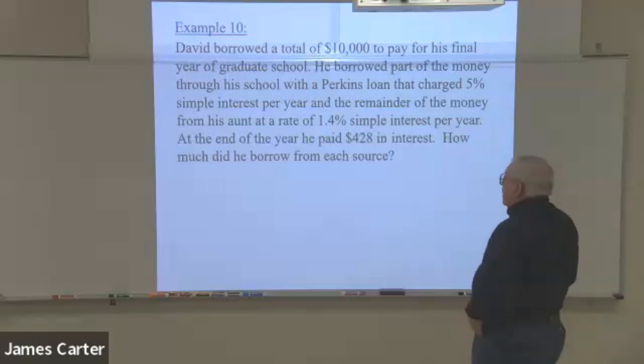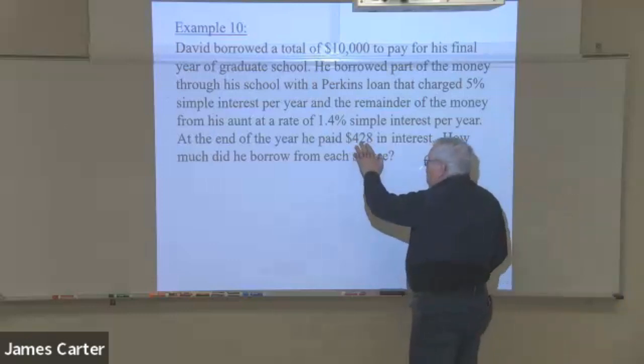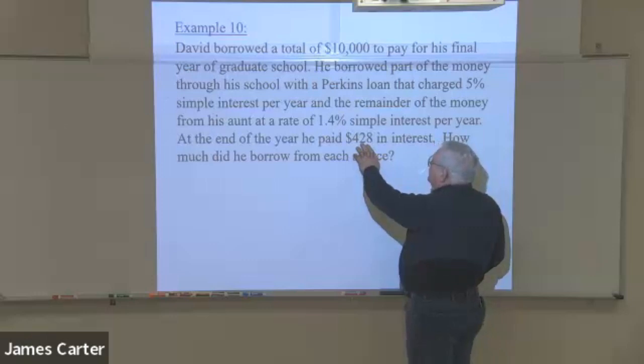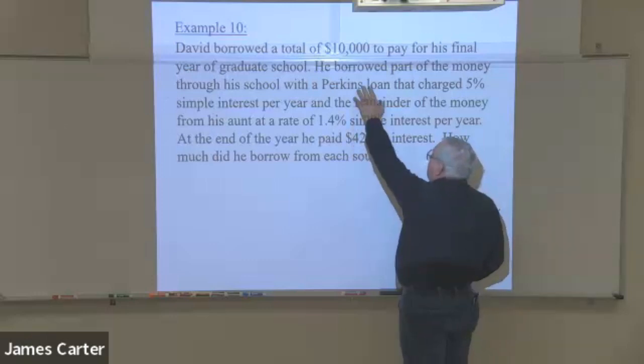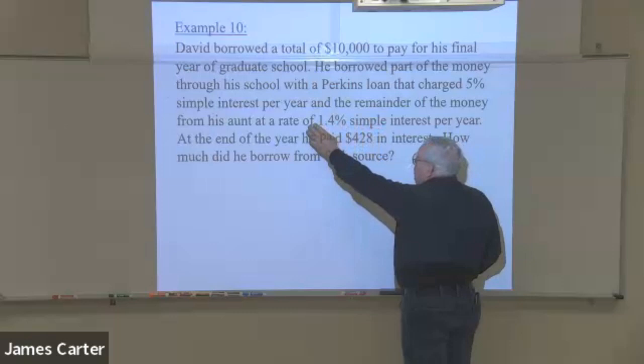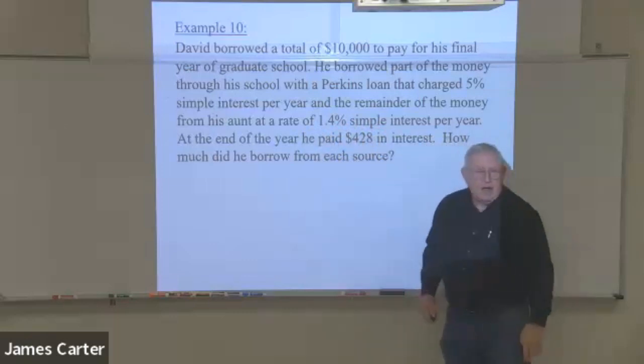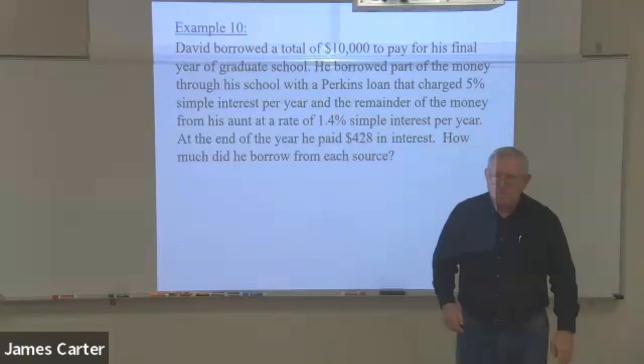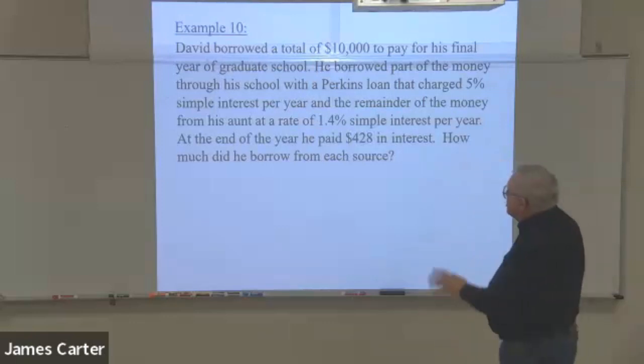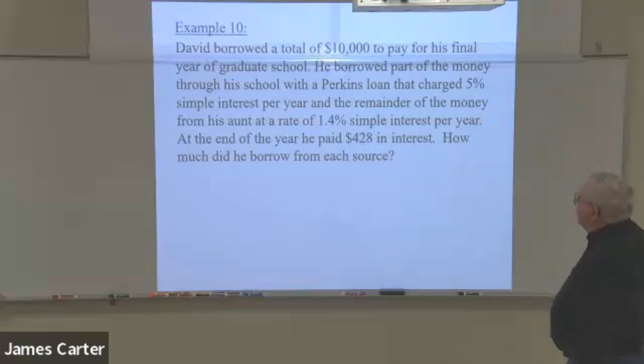Now, this 428 represents how much interest on the Perkins loan's amount plus the aunt's amount. Now, let's go through and see what we've got here.